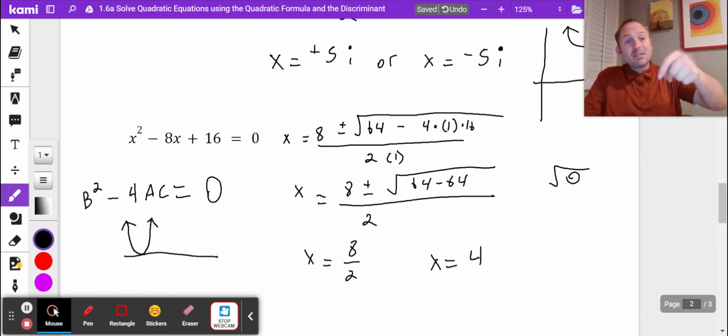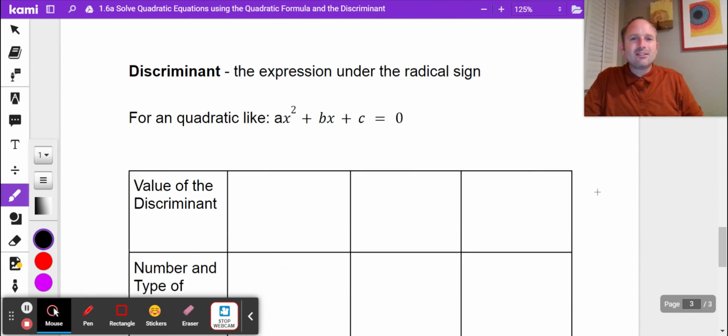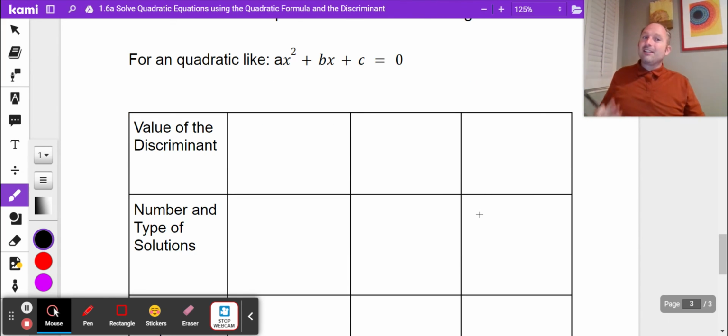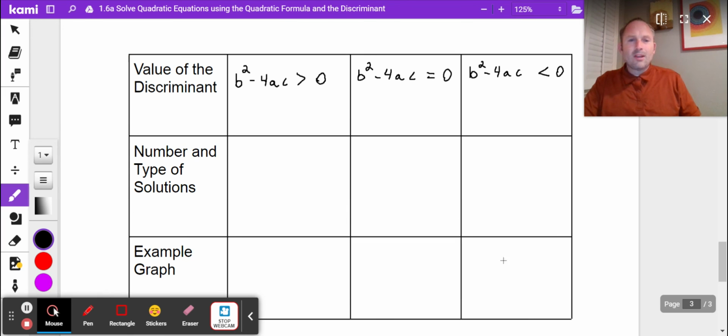All right, guys, let's jump into our discriminant chart we're going to make now. So discriminant, the expression under the radical sign. And this is for quadratics like ax squared plus bx plus c is equal to 0. So let's fill it in. All right, guys, so here's our discriminants.